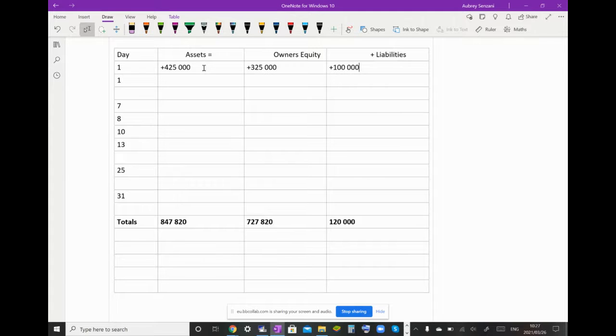He also contributed a vehicle to the value of 300,000. Which accounts were affected there? Bank and capital. Any others?